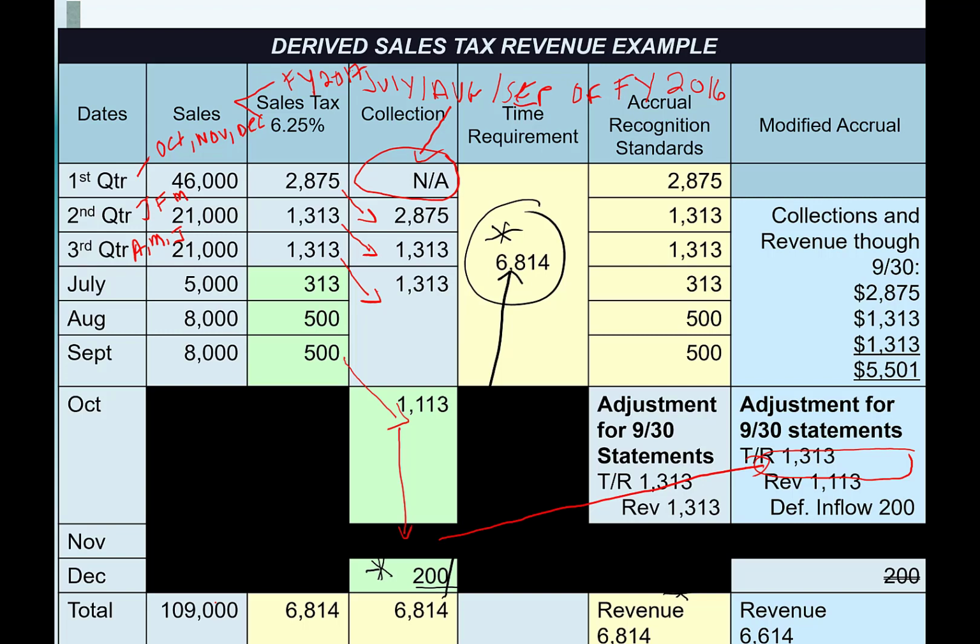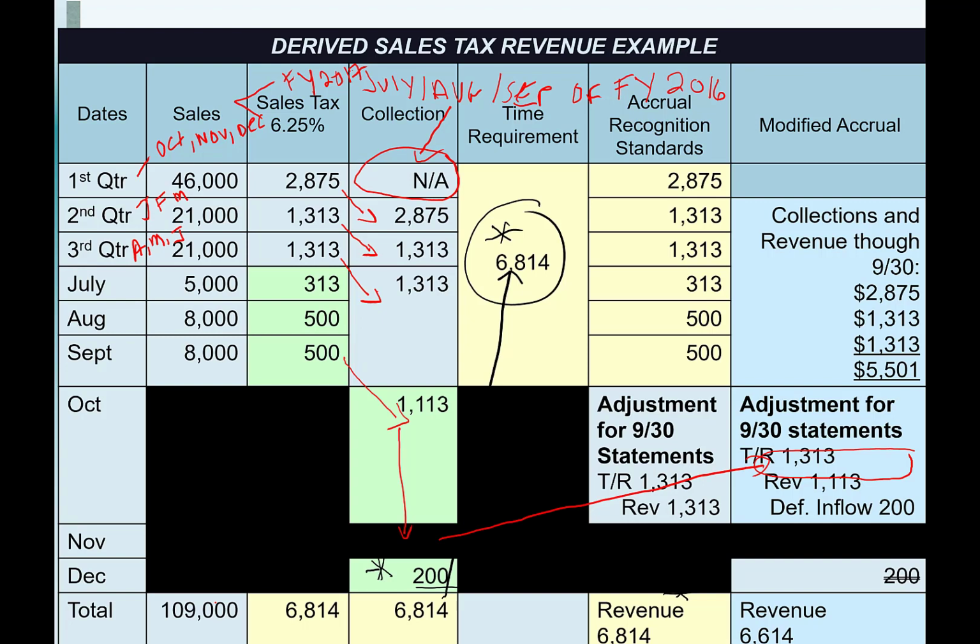So if you look at the difference between the accrual recognition and the modified accrual, we don't take that 200, excuse me, because what? It got collected outside of the 60 days, didn't it? So we followed the rule of taking the revenue when the underlying transaction took place for full accrual, and then for modified accrual, we kept our eye on it to see when it was collected, right?